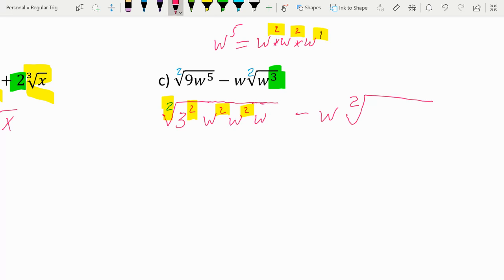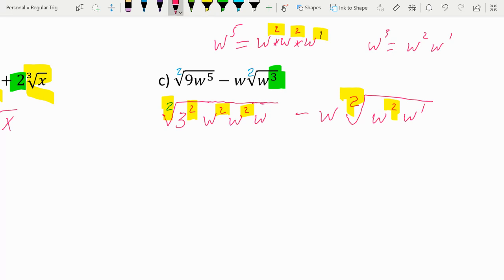Well, if we use this same thought process, I can say w to the third is w squared times w to the first. So I have w squared times w to the first. And the whole reason for that is the index and that exponent are exactly the same.